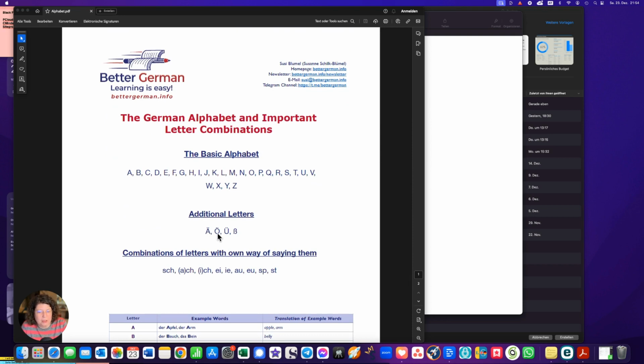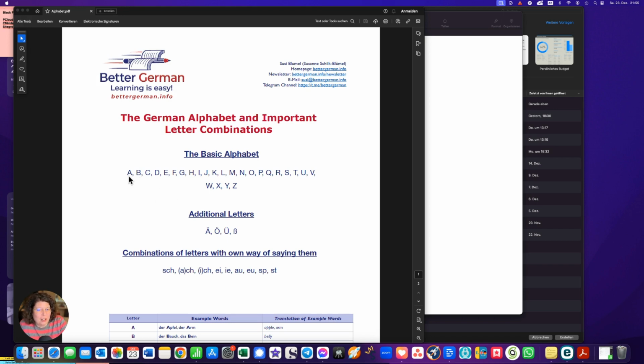The next one that looks like an O with two dots is either referred to as ö, which is also how we say it, or we call it umlaut o. Now, by the way, if you're having a hard time really saying or even hearing the difference between some of these, particularly the vowel sounds, don't worry. That's okay. That's normal. You will get used to it. German, for some reason, has a lot of vowels.